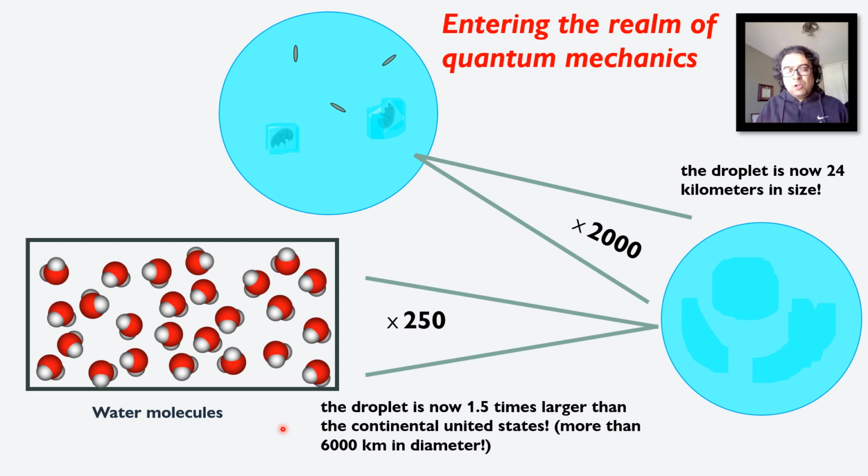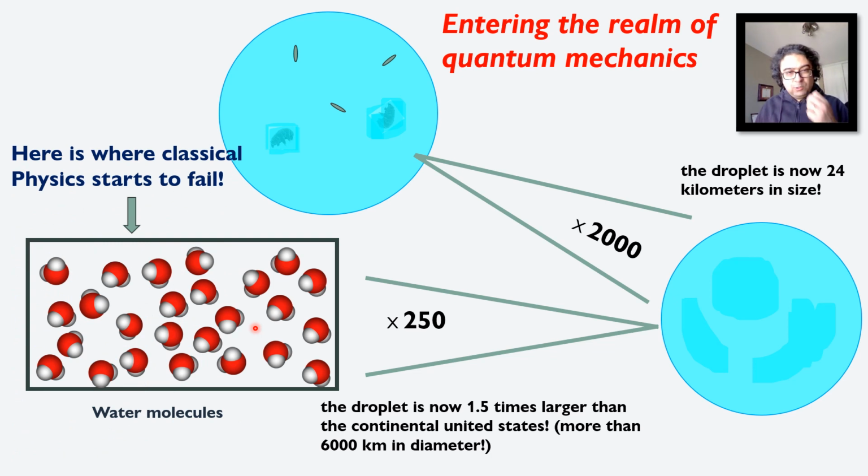At this level, you can still apply Newtonian physics. But if you want to consider the interactions between each molecule or the atoms that those molecules are made out of, then Newtonian physics will start to collapse.